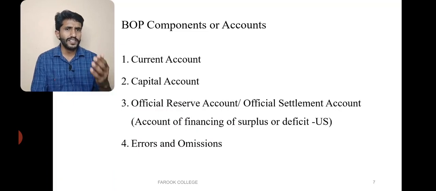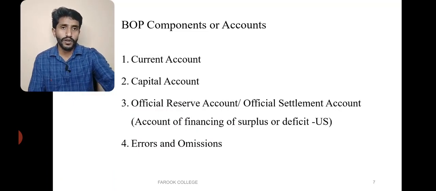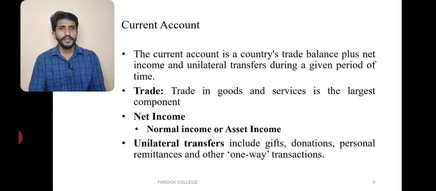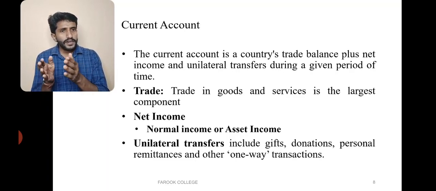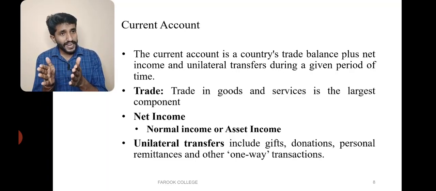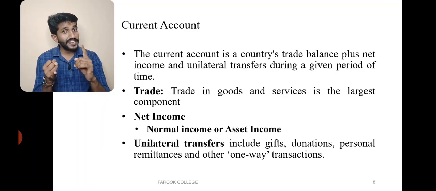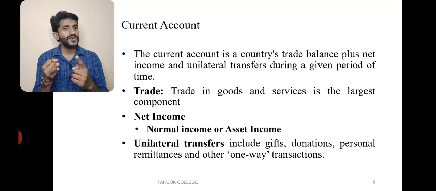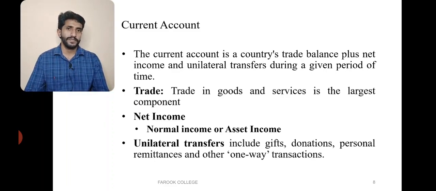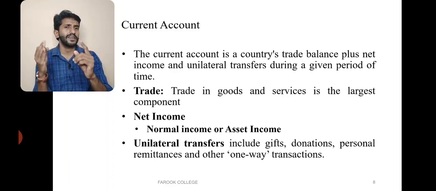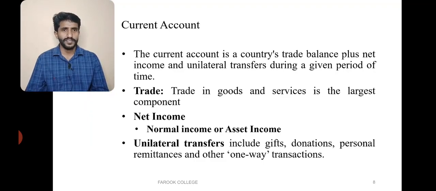Then what about the other three accounts, which are more important? Current account. Current account is a country's trade balance plus net income plus unilateral transfers during a given period of time. So three things are included in the current account.